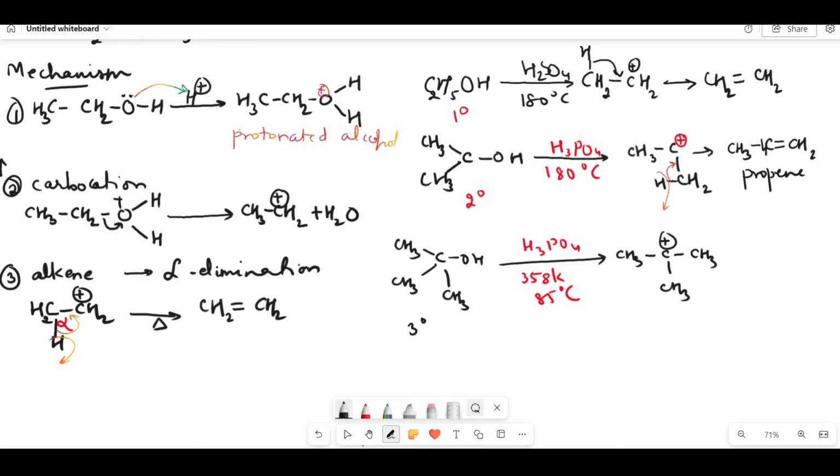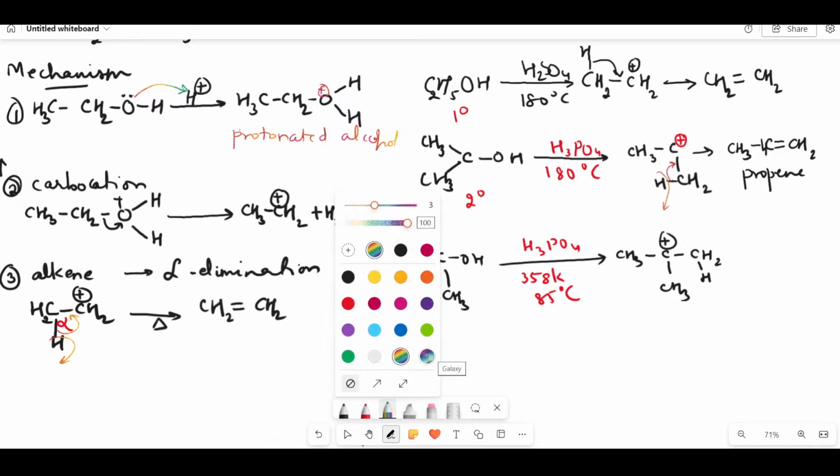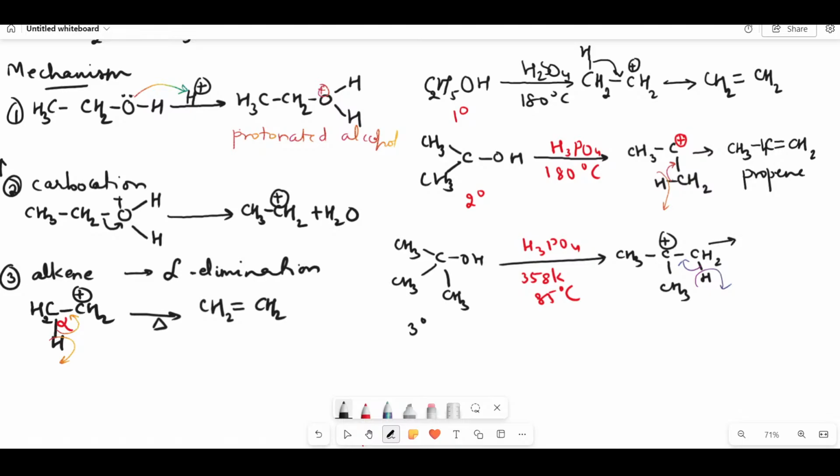I am changing the CH over here to CH2, H. So again this hydrogen will leave, the bond over here will collapse here, and what we get is CH3, C, CH3, double bond, CH2, 1, 2, 3, propene again, with the methyl group attached to it, that is 2-methylpropene.